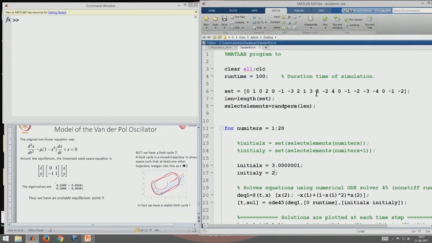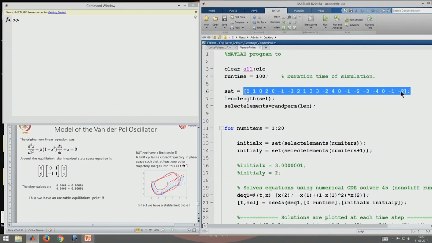Let us try this for a lot of initial conditions, and we will see a family of solutions, one for each initial condition. What I have done here is to take 20 possible choices of initial conditions, choosing values from 0, 1, -1, 3, -4 and 4.